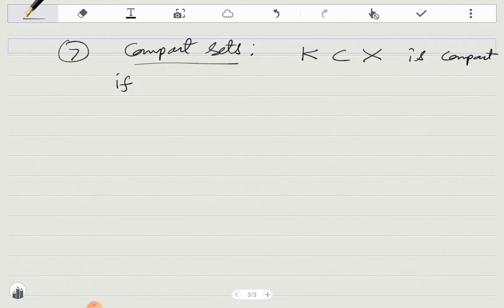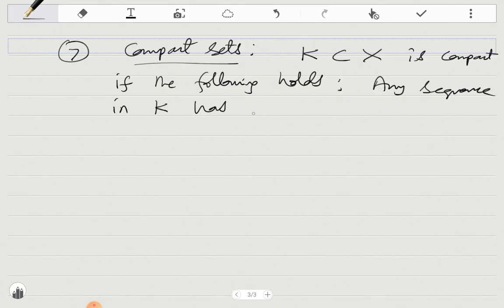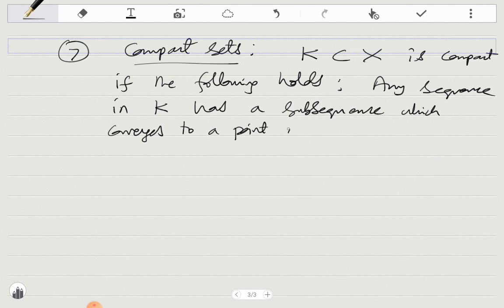K inside X is compact if any sequence in K has a subsequence which converges to a point in K. This is also called sequential compactness.